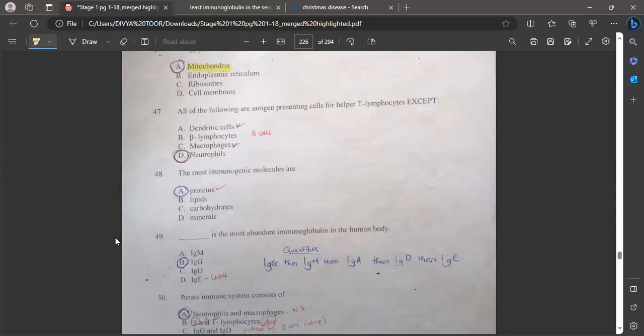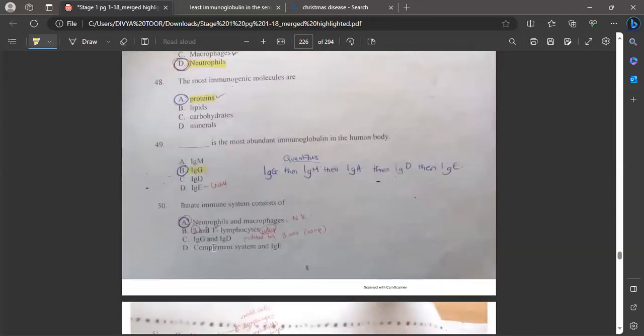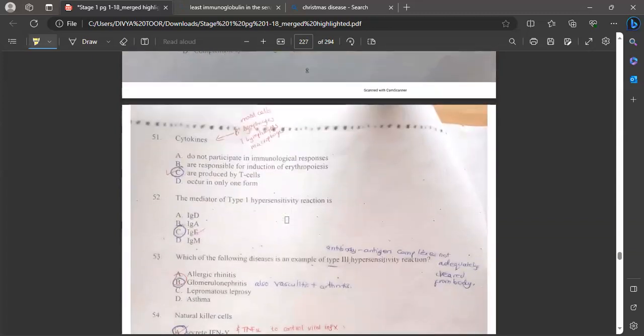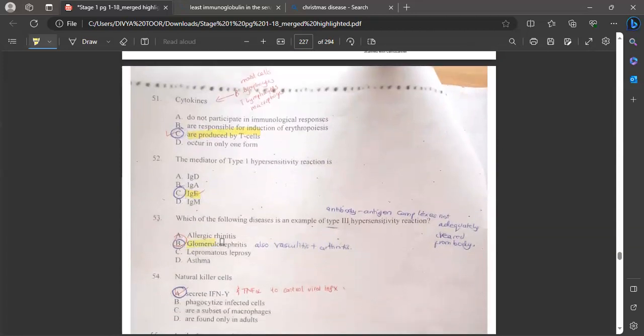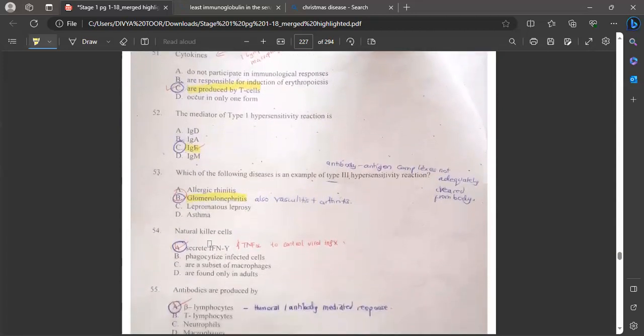Okay, so I think this is a repeat of one of the papers we've just done a few minutes ago. Yes, it's a repeat. Neutrophils, proteins, most abundant is IgG, innate is neutrophils and macrophages, cytokines produced by T cells, type 1 is also glomerulonephritis.